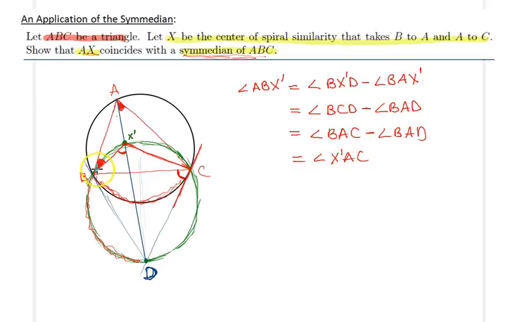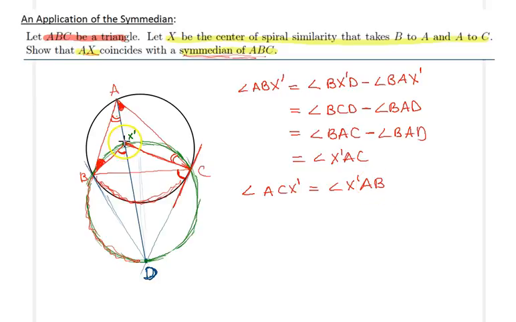That's a very nice result. In a similar way, one can easily show that this angle is congruent to this angle here. Therefore angle ACX prime is congruent to angle X prime AB. But then we are done.